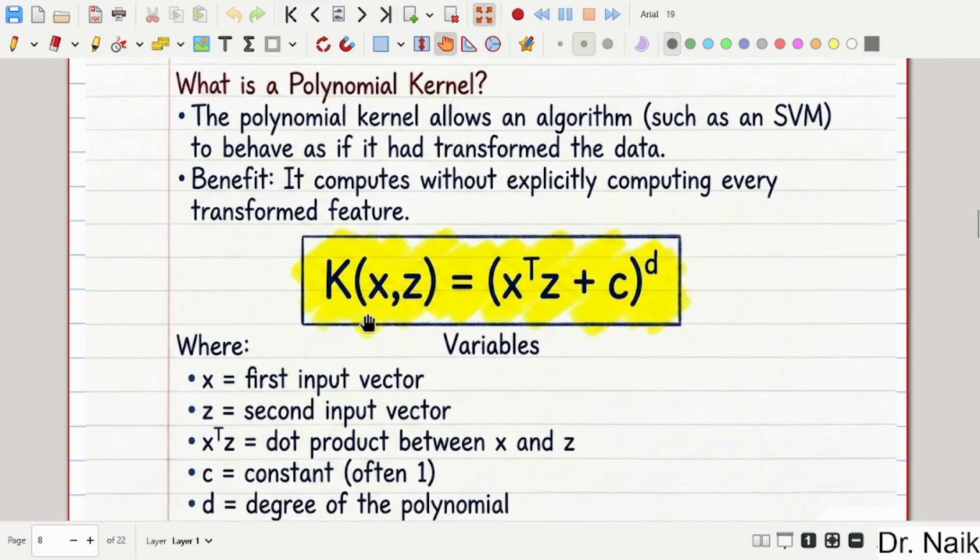So, K(x, z) is equal to (x transpose z plus c) raised to d, where x is the first input vector, z is the second input vector, x transpose z is the dot product between x and z, c is a constant, usually 1, and d is the degree of the polynomial.